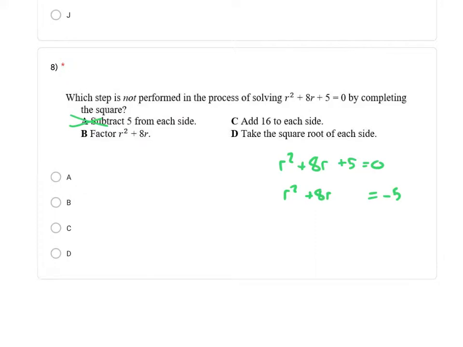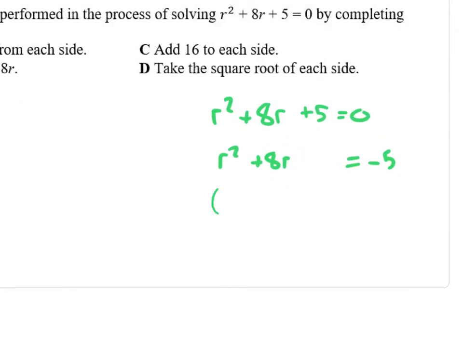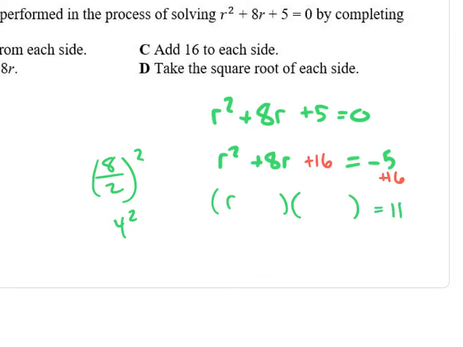Let's check with C. It says add 16 to each side. That's also correct because when I do my formula, which is b divided by 2 squared, we get 4 squared, which means we need to add a 16 here and a 16 here, which then allows us to factor this to r plus 4, giving us r plus 4 squared.